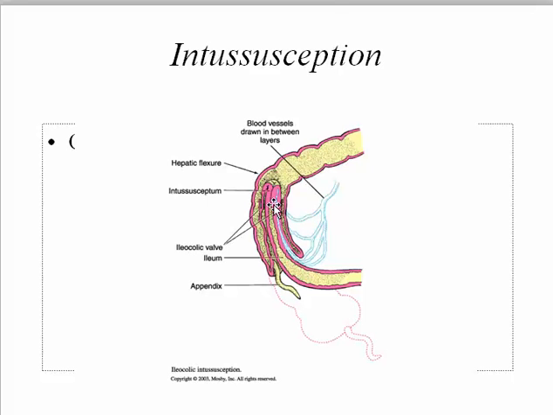The common site is the ileocecal valve, where the ileum telescopes into the cecum, and then it telescopes into the colon.